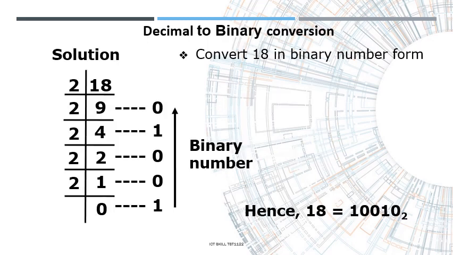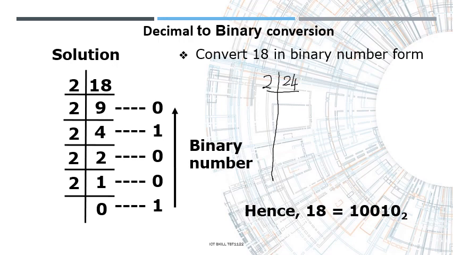Next, how to convert decimal to binary, for example 18. This one is very simple. You just divide by 2. For example, I show you 24. You divide 24 by 2.